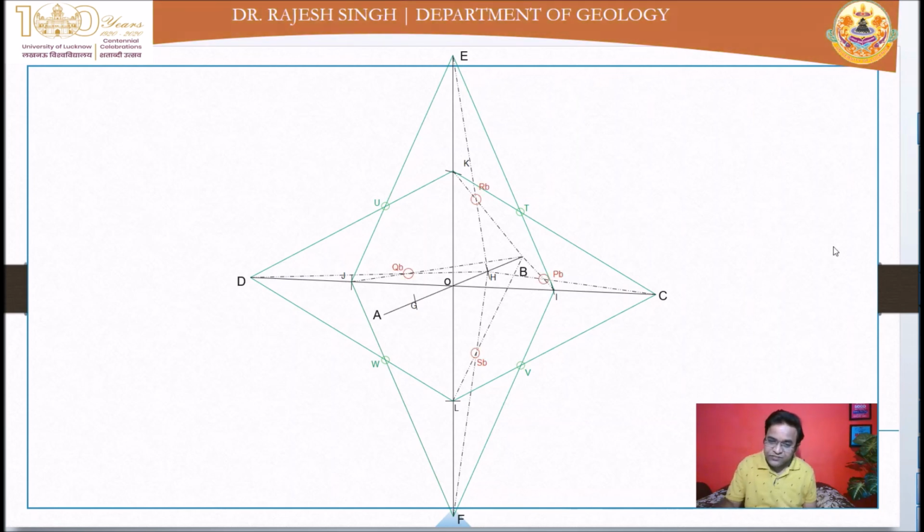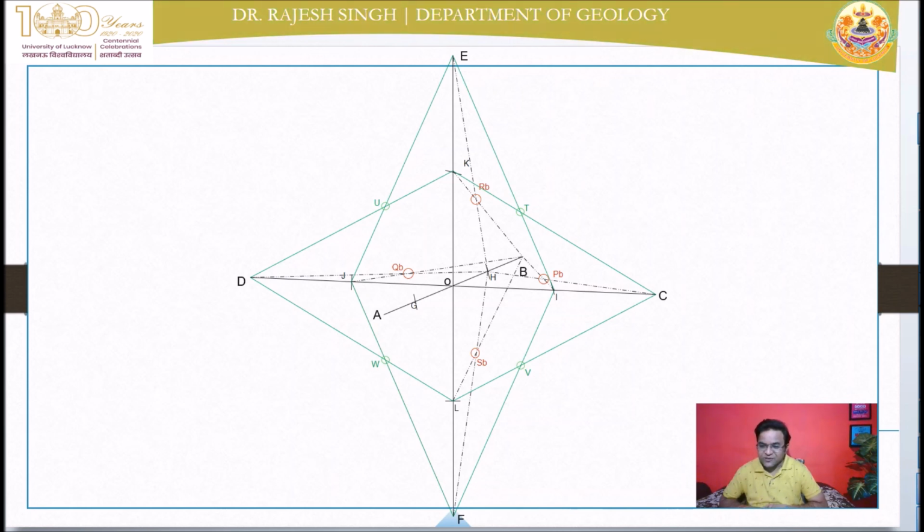These are similar to the front ones, P, Q, R, S with subscript B. That's why it is PB, QB, RB and SB, because these are the back faces. So the dotted lines also show that we are constructing the back faces of the trapezohedron.